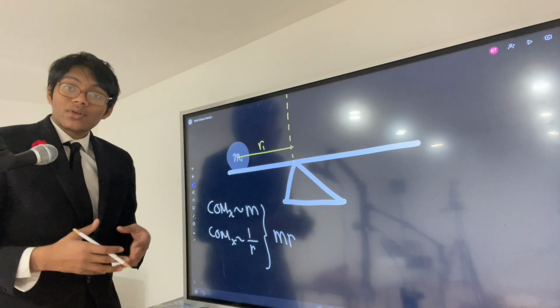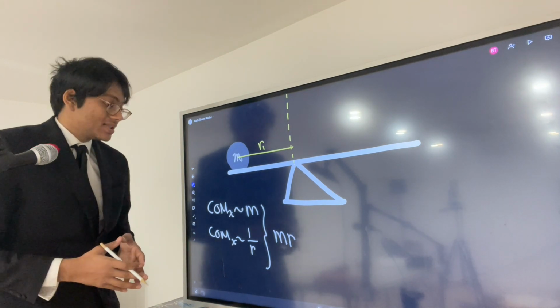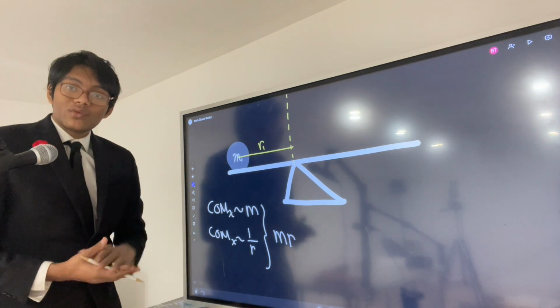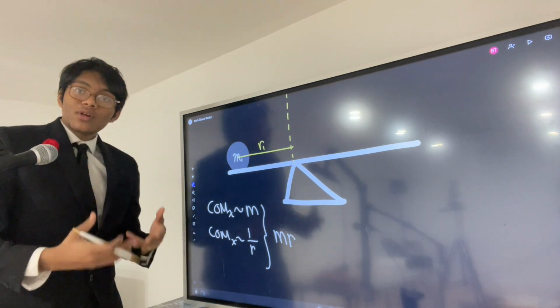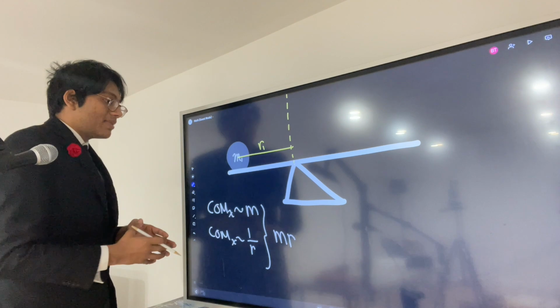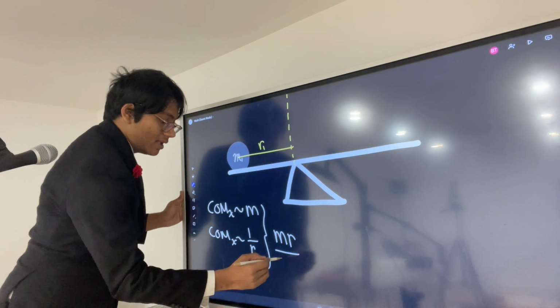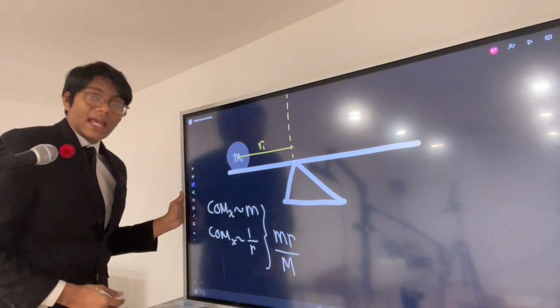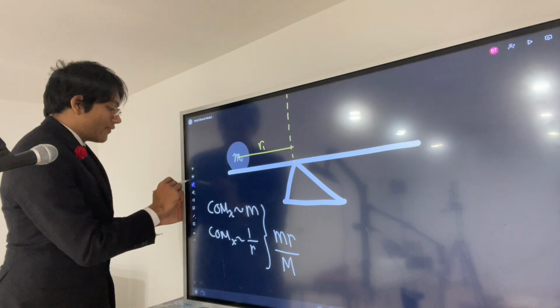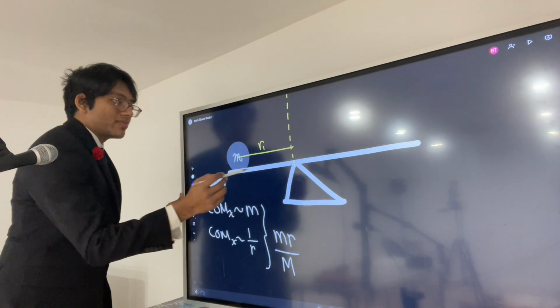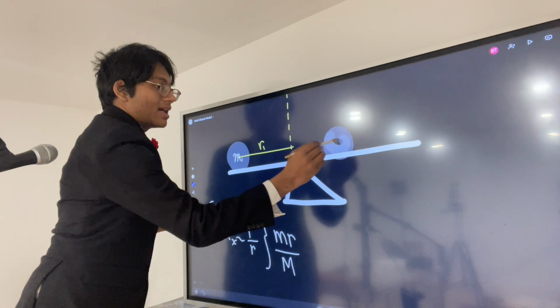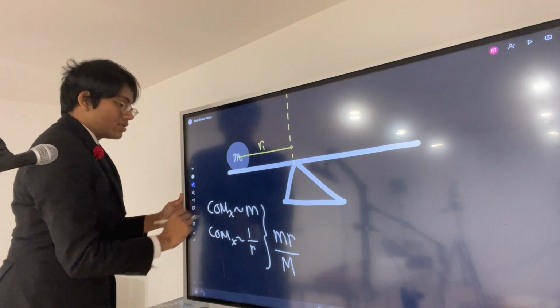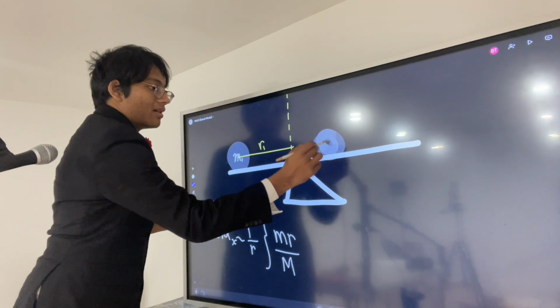And of course I want to take the weighted average of all of this, but in this case I only have one object. But if I had more objects, I would divide by the total mass, which would be capital M. So let's say I do have another object, just for illustration purposes. Let's say I have a second mass around here, and I'm going to put this mass a little bit above.